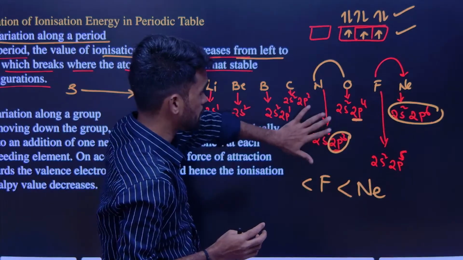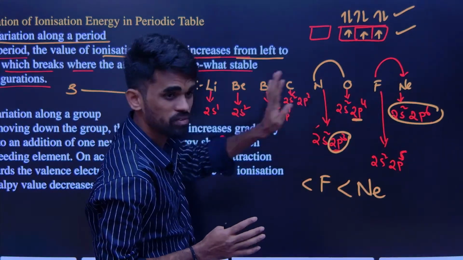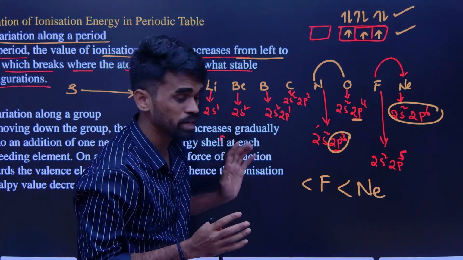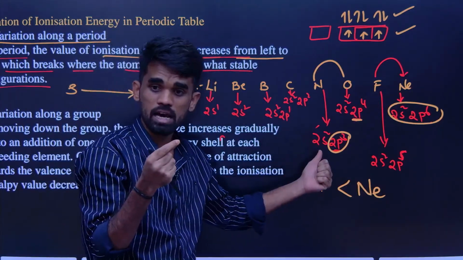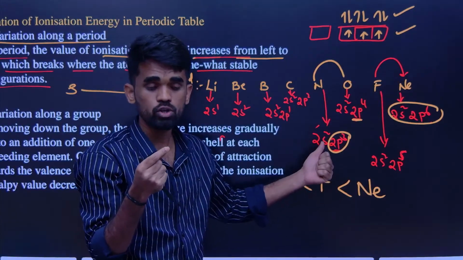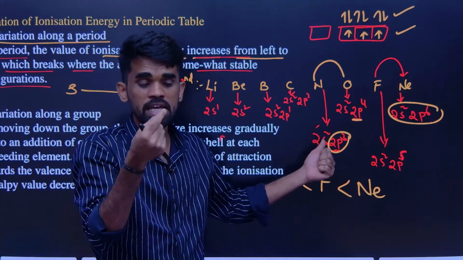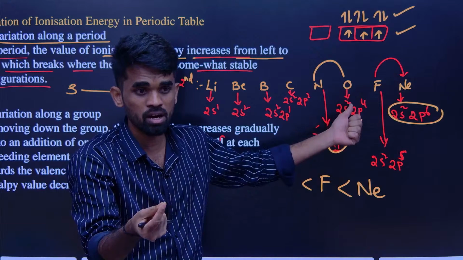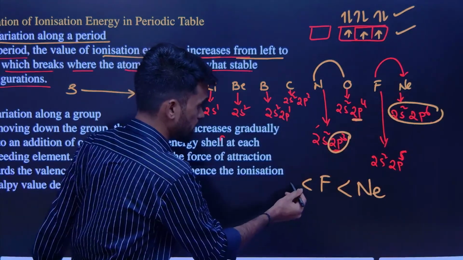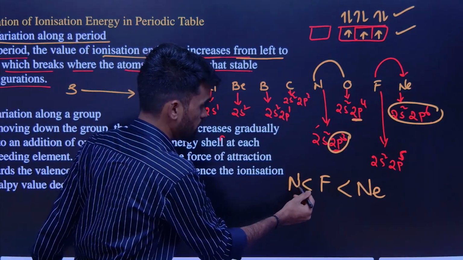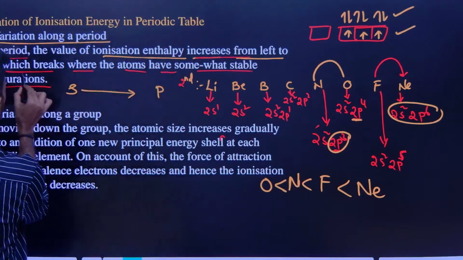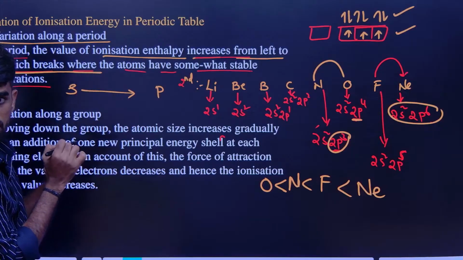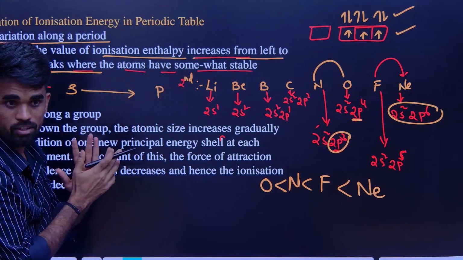So the stable configuration is for nitrogen when we compare with oxygen. So now tell me, removal of an electron is difficult from the stable configuration. Therefore nitrogen will have more ionization energy value when compared with oxygen. So what should I write here? N, after that O. Is it clear? Yeah. So that is what I mentioned here, which breaks where it has stable electronic configuration.